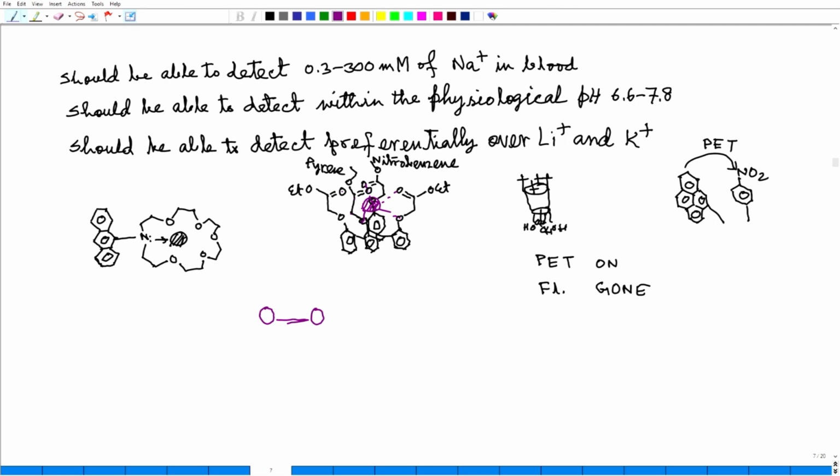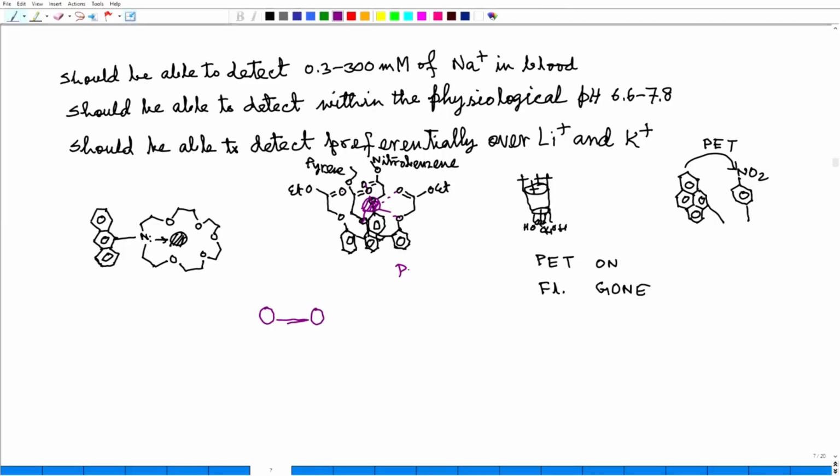If they go further apart, then my pyrene and nitrobenzene are moving away from each other. If they are moving away from each other, there is no bonding between them. Earlier there was some weak bonding between pi poor and pi excess, so PET was possible. But because they move away from each other, now when I excite pyrene, there is no PET.